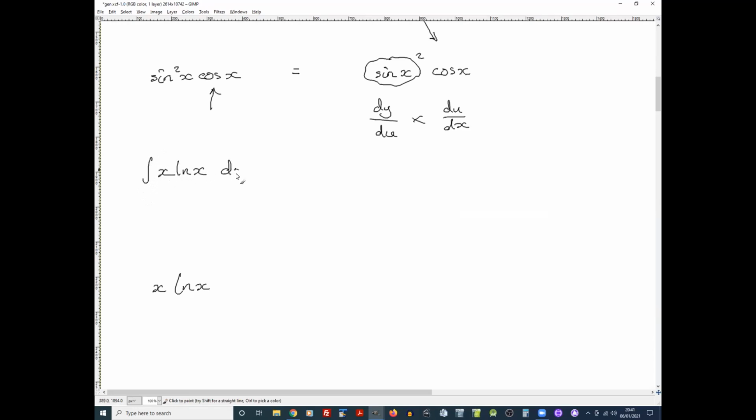Well, what are the options? What do you suspect? Product rule? Yes. And as a product, it's got to be x in one of the parts and log x in the other part. And when I say part, I've never gone to Wikipedia to check that parts actually refers to parts of a product in integration by parts.